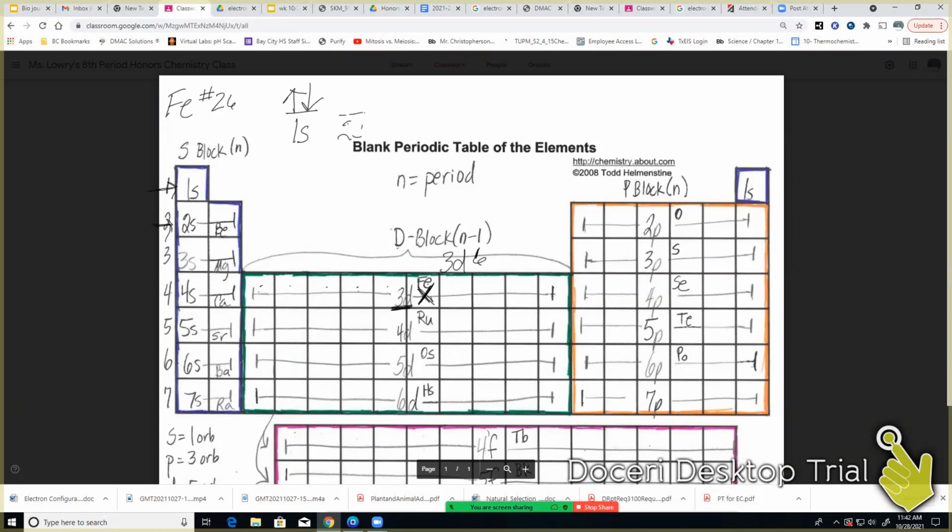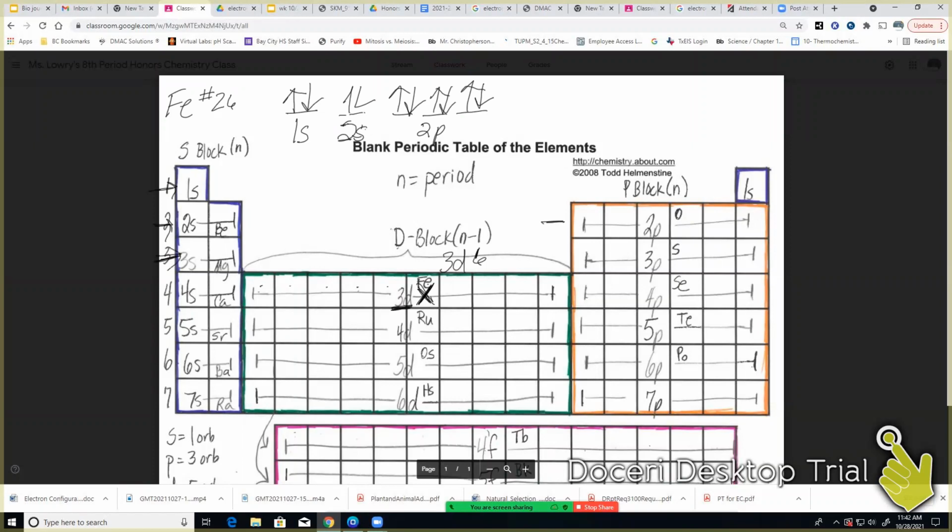So I've got 2s, and that has 2, and that brings me across to here, 2p. Since it's a p, I'm going to give it 3, and it's full, because once again, I'm trying to get down here, so everything before it is full. So 1, 2, 3, 4, 5, and 6.